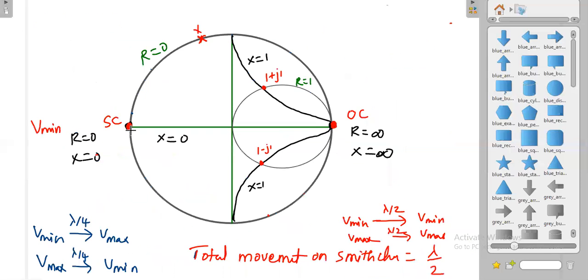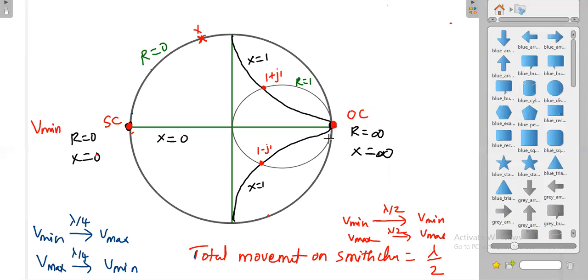You are at R equal to 0, then your reactance has to increase negatively. Here your reactance is 0, then it is like minus j0.1, minus j0.2, then you come like this and it becomes minus j1, then you come here minus j2, minus j3, and finally you will reach minus j infinity.